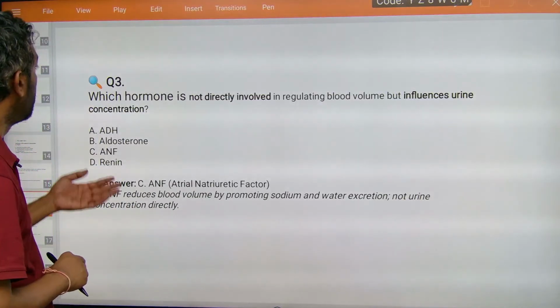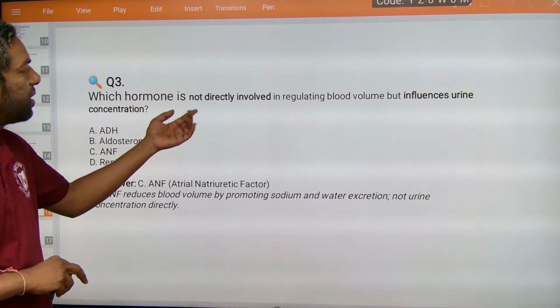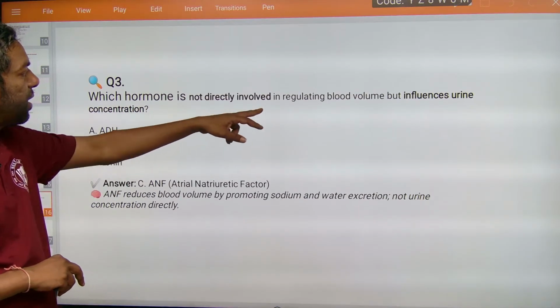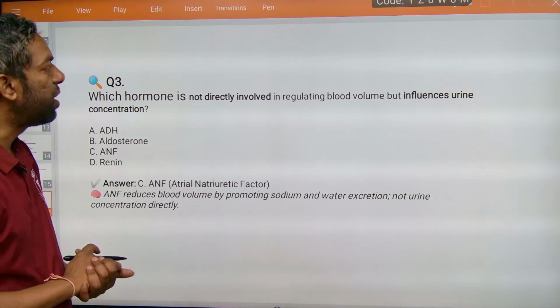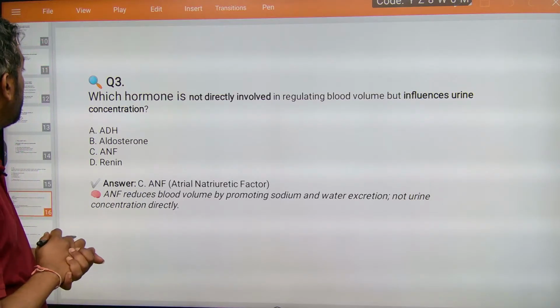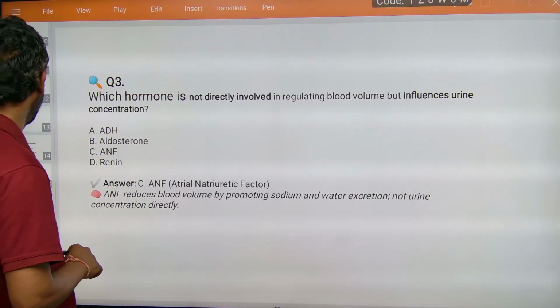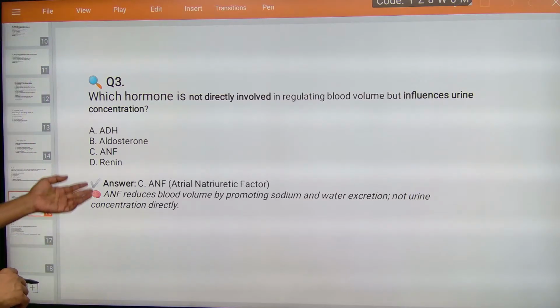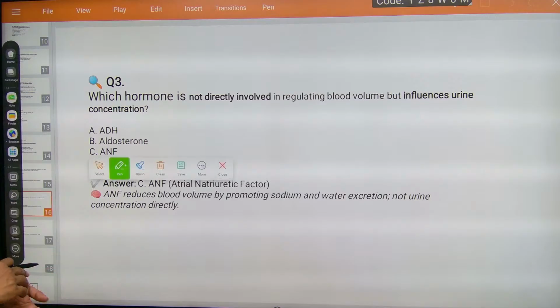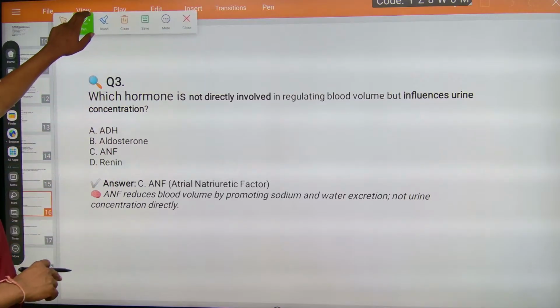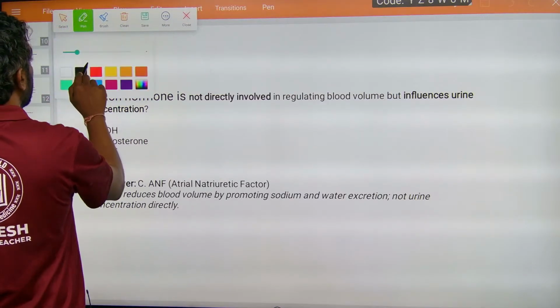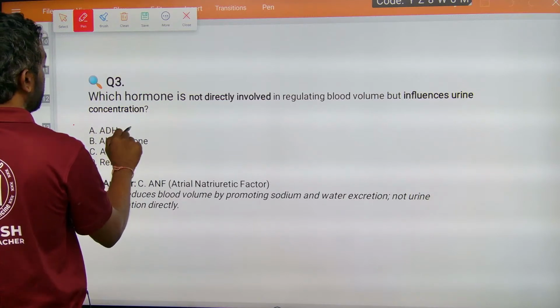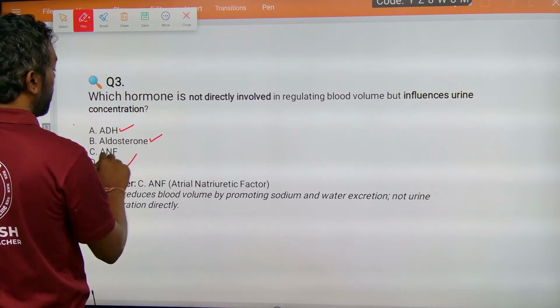Next question, which hormone is not directly involved in the regulation of blood volume but influences urine concentration? ADH, aldosterone, renin are directly involved.